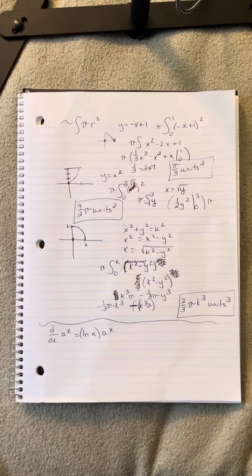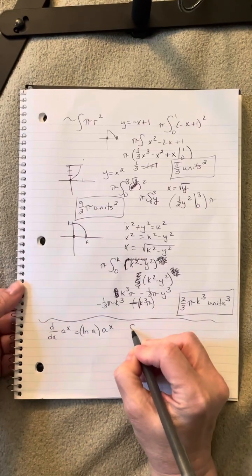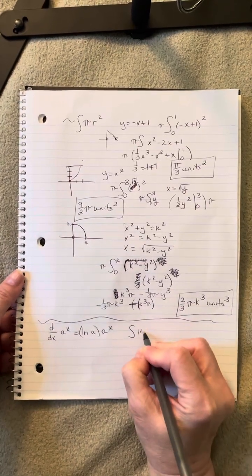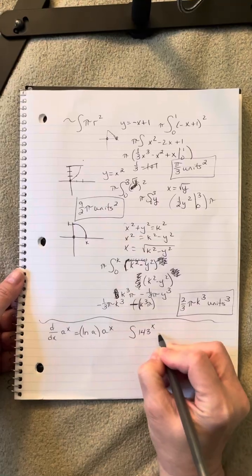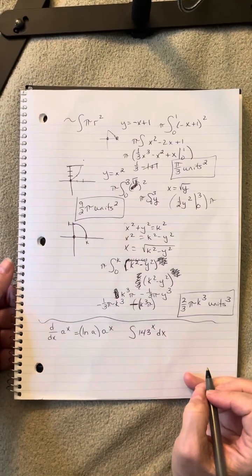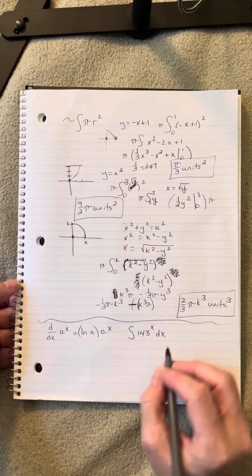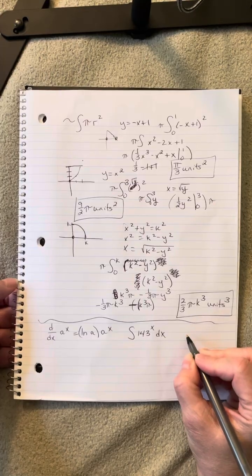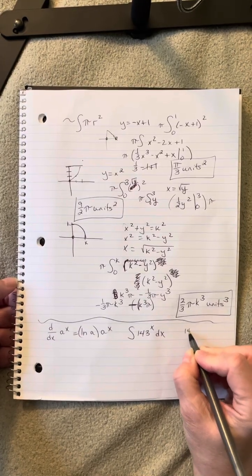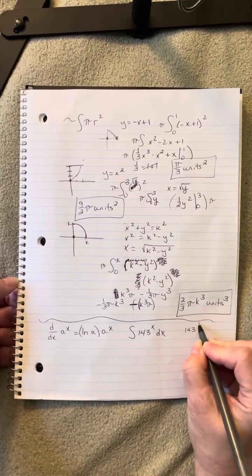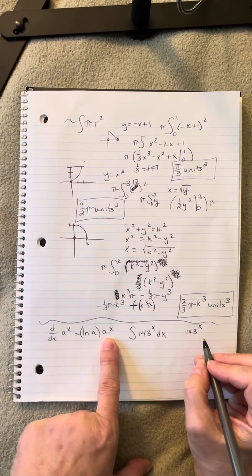into example 1, which is find the integration of 143 to the x dx. So we're going to follow our formula here, and we know that we are going to have the 143 to the x, that's the a to the x being repeated.